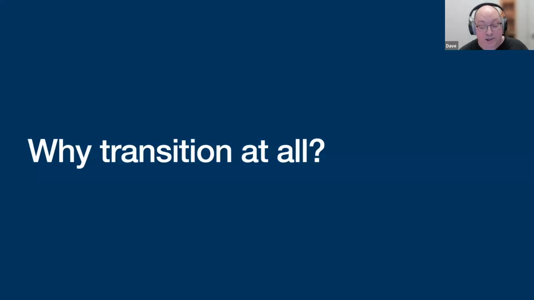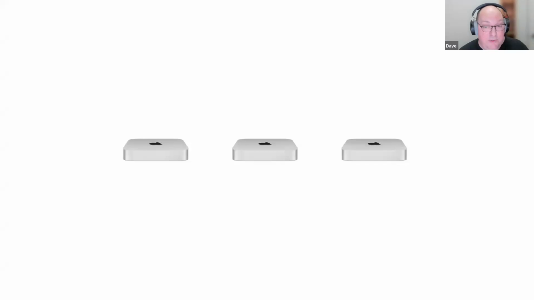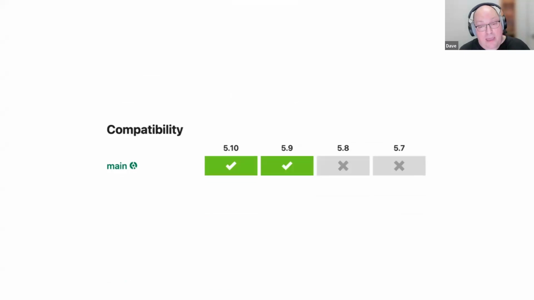So why would we transition at all? Well, this is what we had. We had 3 Mac Minis, and they were powering 4 versions of Swift. The reason that's important is that with Xcode, each different version of Xcode, which represents a different version of Swift, needs to run on a different version of macOS.